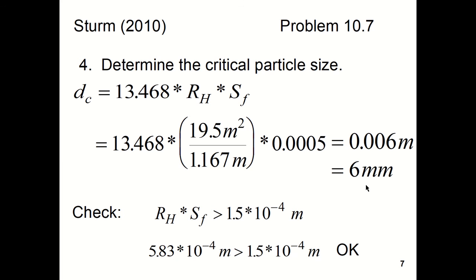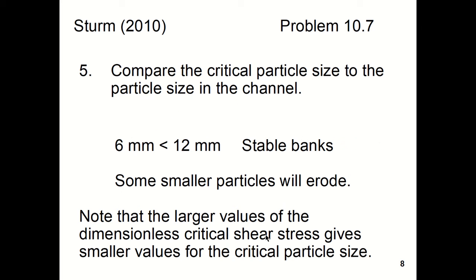Now, to make sure we are applying this within the range of accepted values, we check to make sure that the hydraulic radius times the bottom slope, or the friction slope, is greater than 1.5 times 10 to the negative fourth meters. And as we can see, we match that criterion. Next is to compare the critical particle size to the particle size in the channel.